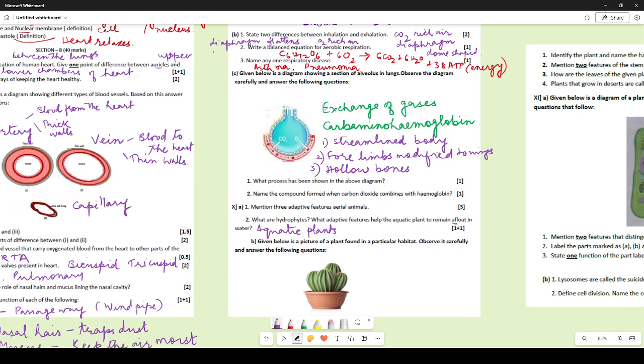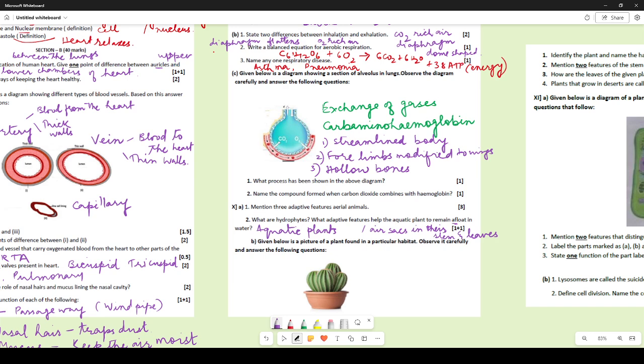The reason they are able to float on water is they have air pockets or air sacs in their stem and leaves. So the leaves are spongy. Spongy means there are a lot of air spaces in their stems and leaves which help them to stay afloat.